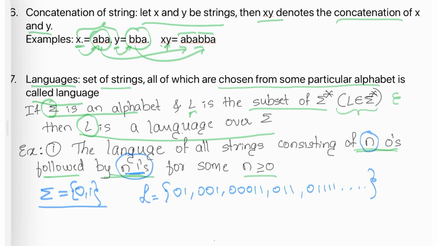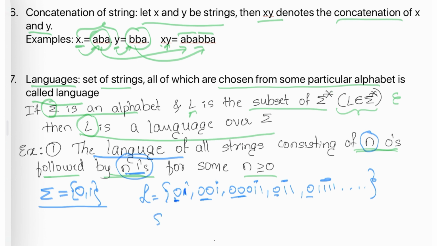So in the given example for this particular language, we can observe that after n number of zeros, there are n number of ones. So it is the condition that the ones should come after the n number of zeros. So 1 should come after 0 but not before the 0 or in the middle of the 0s.